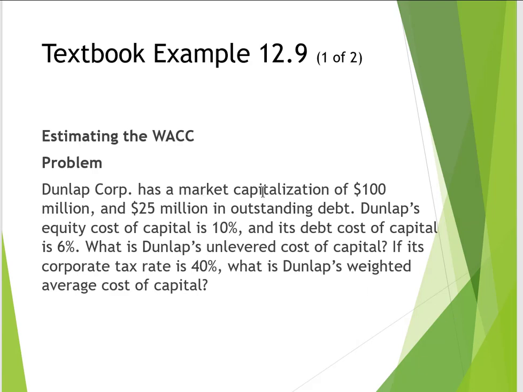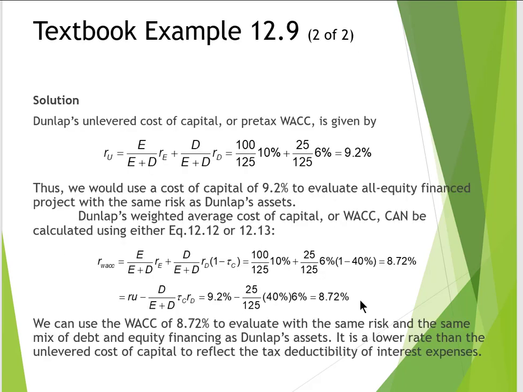So here we have a company with a market capitalization of 100 million and 25 million in outstanding debt. Their equity cost of capital is 10%, and the debt cost of capital is 6%. What is its unlevered cost of capital if the corporate tax rate is 40%? What is the weighted average cost of capital?